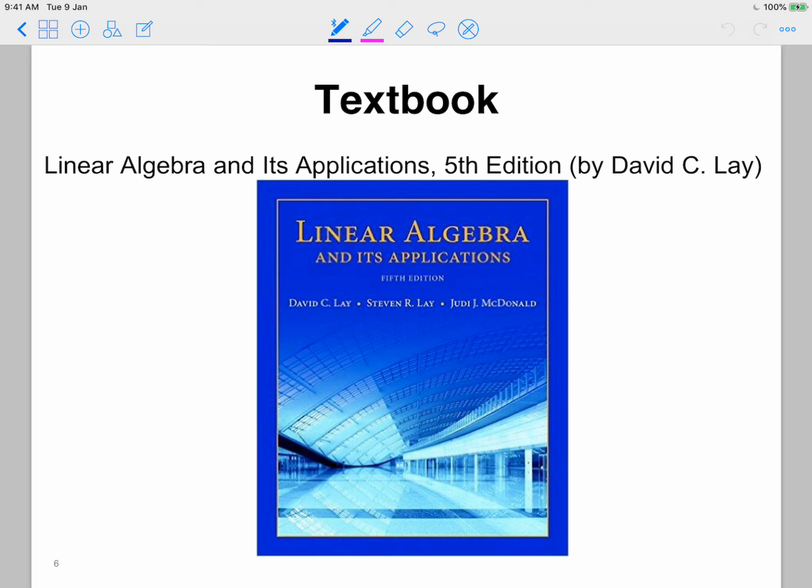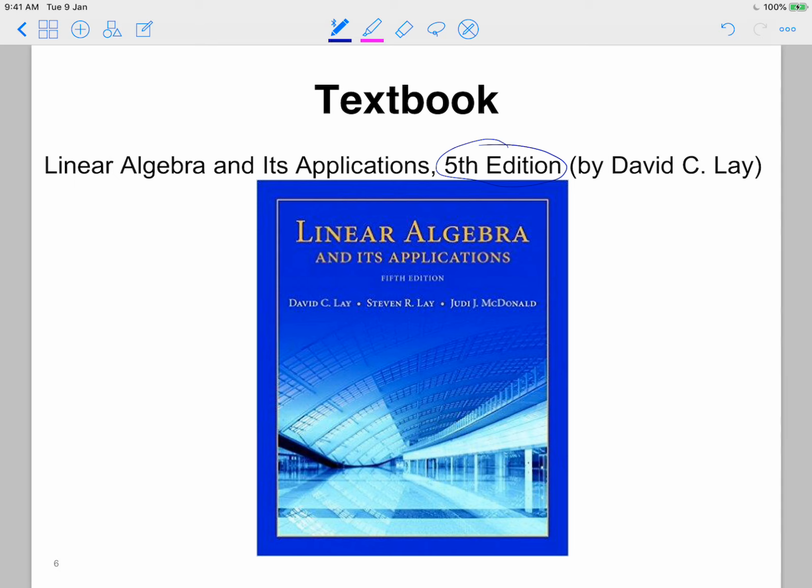Okay, so this is our textbook. There are several different editions, but I think this is the latest one which we will use in this course. For your homework, we will have at least 5 to 6 homeworks throughout the semester, and most of them will come from the exercise problems in this book. I will give the list of exercise problem numbers in the book.